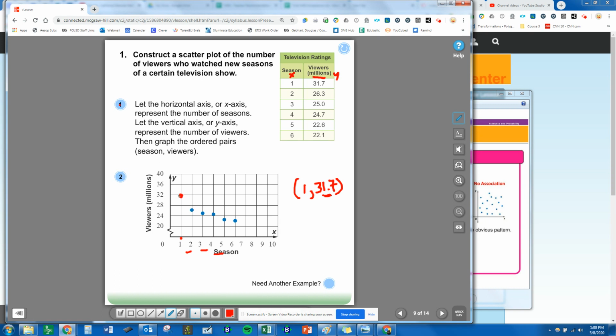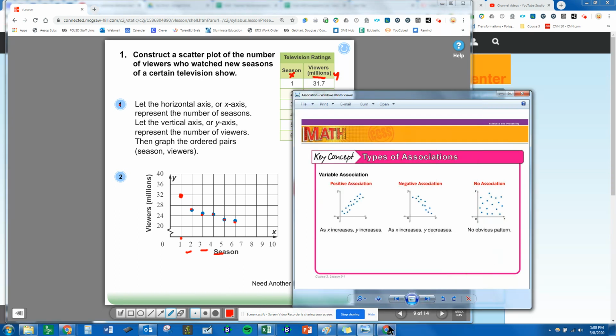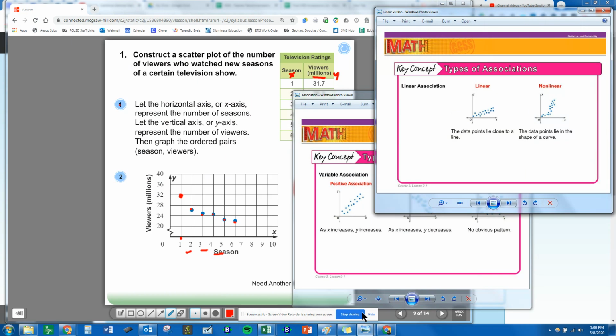Looks like it was popular at one point with many millions of people watching it, but now it's sort of like American Idol. It's just not quite as popular when other people are watching Stranger Things on Netflix. So we saw negative association there. Second, would you call this linear or nonlinear?